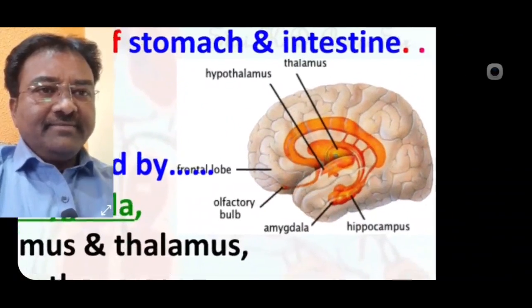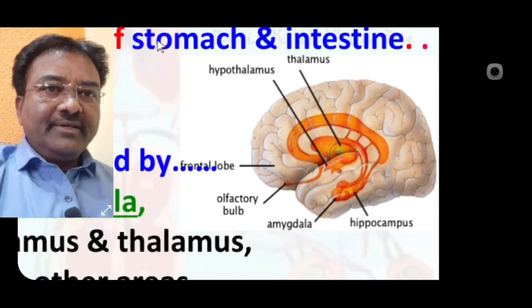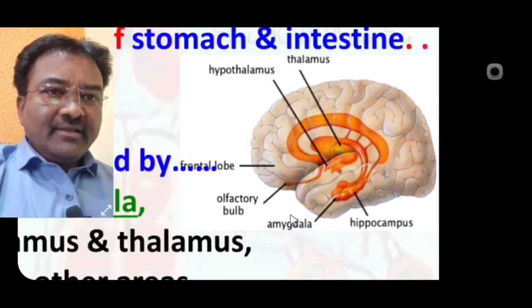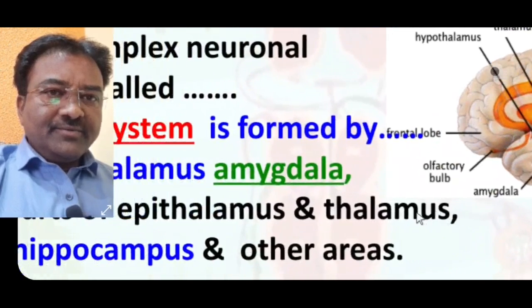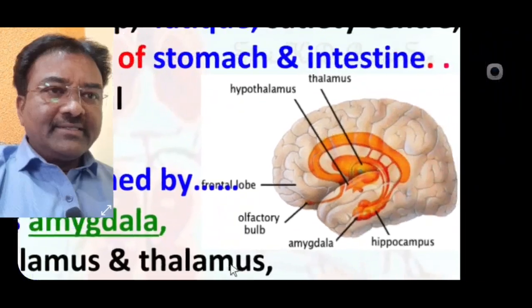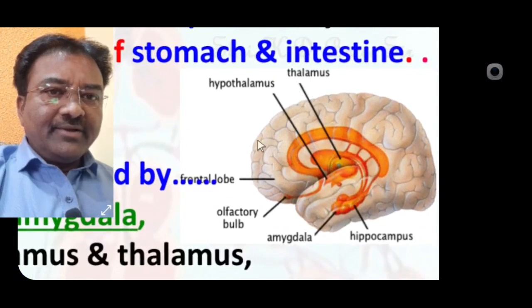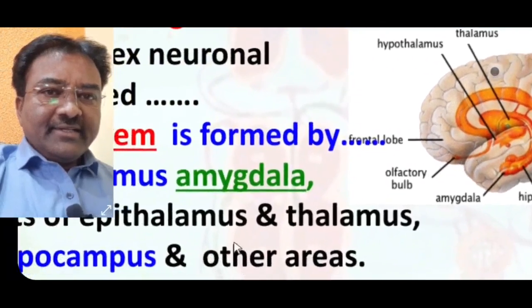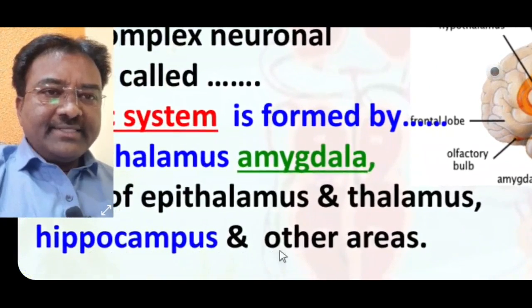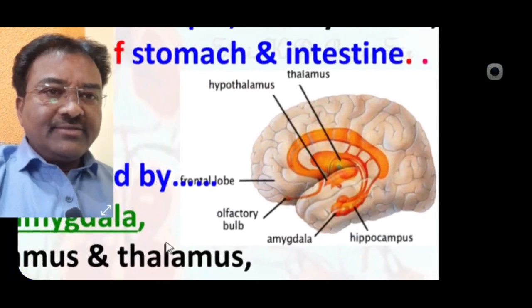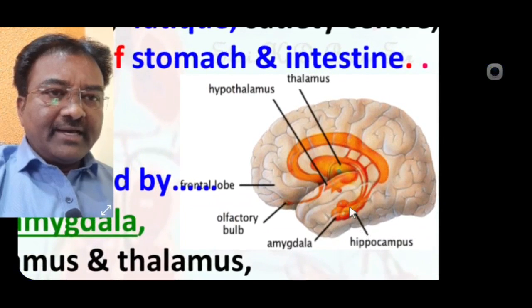Seen here, limbic system is formed of different parts like hypothalamus, amygdala, some part of epithalamus, also thalamus. This is the thalamus part, no doubt, and hippocampus and other areas. So this is the hippocampus part and this one is the amygdala part.